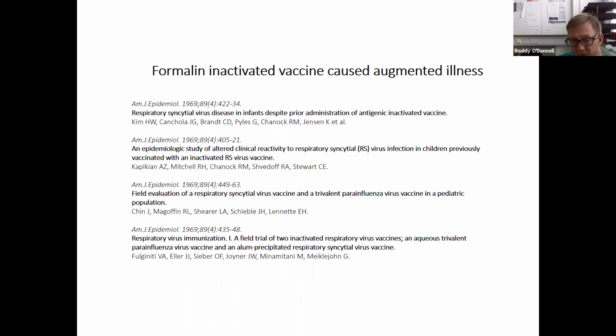And there were several trials simultaneously of formalin-inactivated RSV in this context. And what happened was the children got really good antibody responses. They sat back and waited for the winter. But unfortunately, what happened was they got an increased illness. So they got vaccine-enhanced bronchiolitis. And the admission rate went from 5% to about 80%. And a number of children actually died of bronchiolitis who wouldn't have been expected to. Now, this is many years ago, but it has created a lot of that concern.